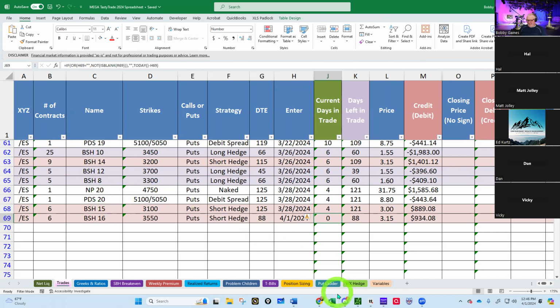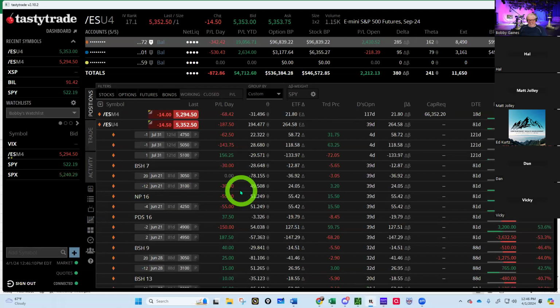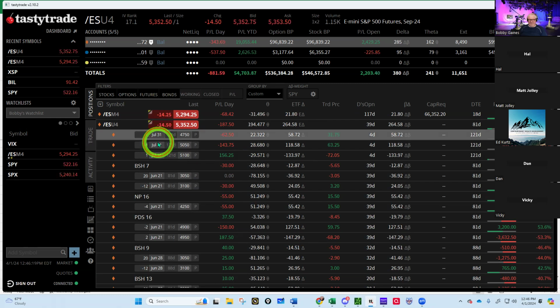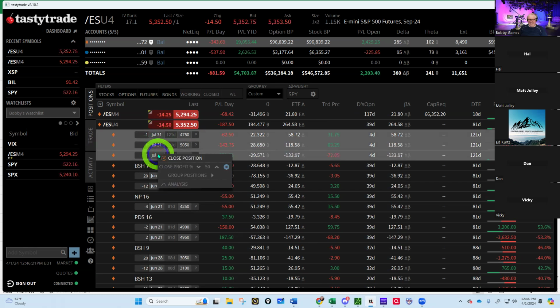It is the NP20, PDS20. And I may start grouping those all together. I don't know. I got to think about it. Here's what I could do, y'all. Let's see if it shows. Yeah, I think I could do this. I could go group positions and do it NP, what was the number?